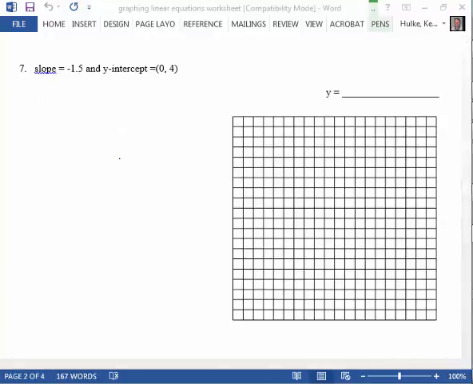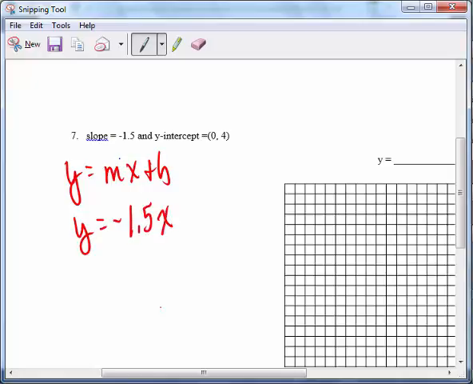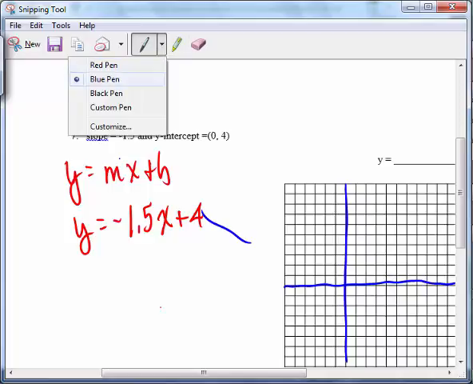Slope-intercept form again. Y equals mx plus b. Y equals negative 1.5x plus 4. Let's graph it here. Start at the intercept, 4. 1, 2, 3, 4.